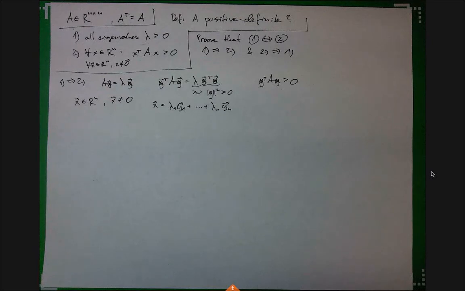So we know all the eigenvalues are greater than 0. So we just have to say something about all the eigenvectors in order to show that x transpose A x is greater than 0.